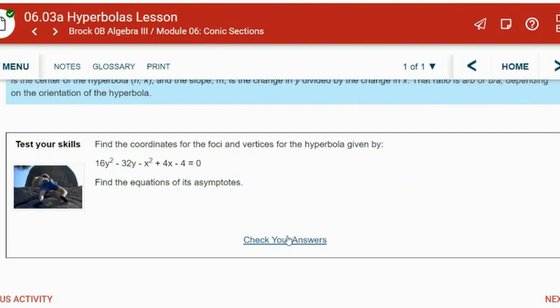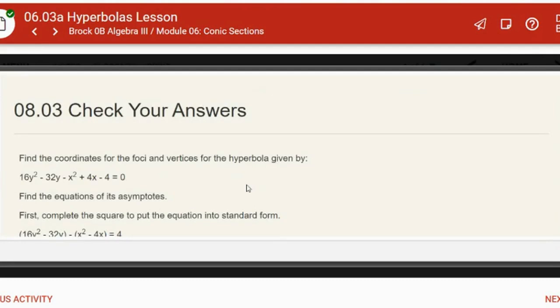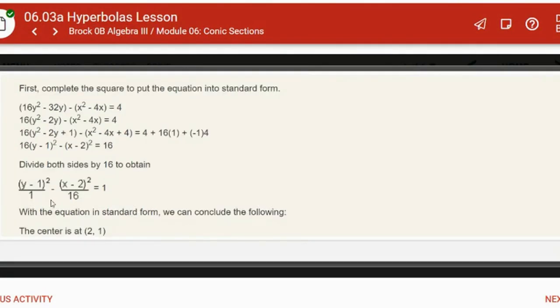So let's work through this and look at their solution, just to give us directions to go. First you have to complete the square to put the equation in standard form. It's not in standard form yet, right? We need to get it looking like this because that's how we get our h and k.